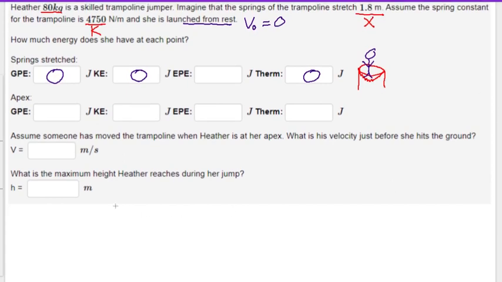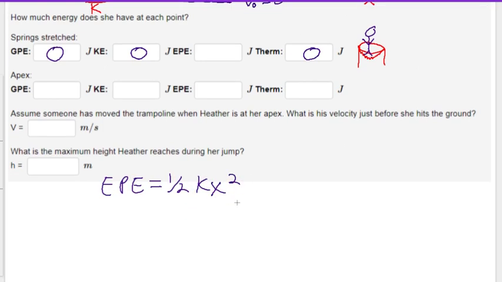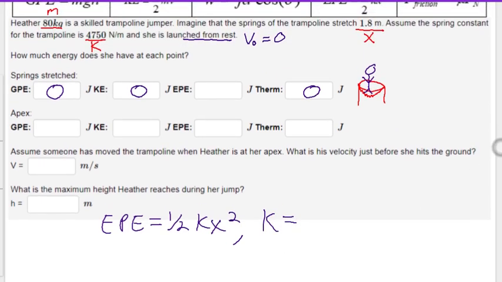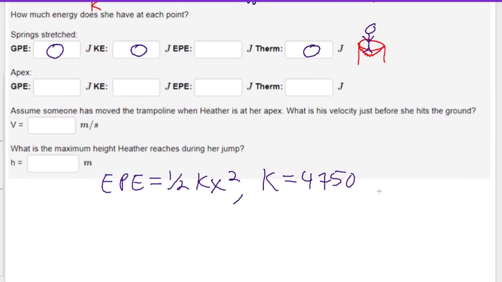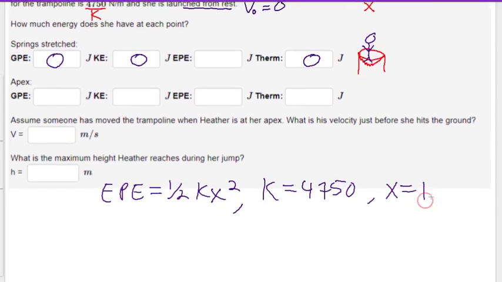So let's go ahead and figure out what EPE is. We know that EPE, elastic potential energy, is equal to 1/2 kx squared. For this problem, k is the spring constant, and our spring constant is 4,750. And then x is the distance stretched, and the x value for this problem is 1.8 meters.